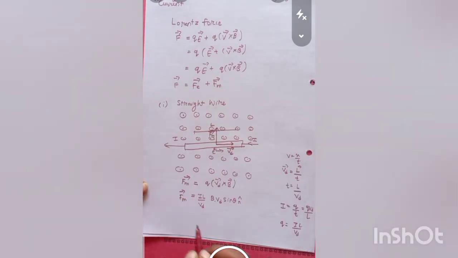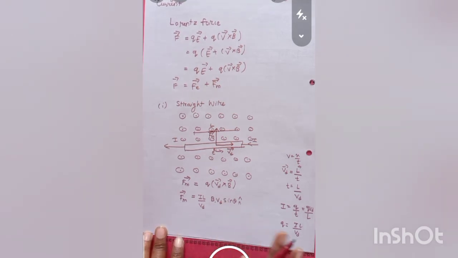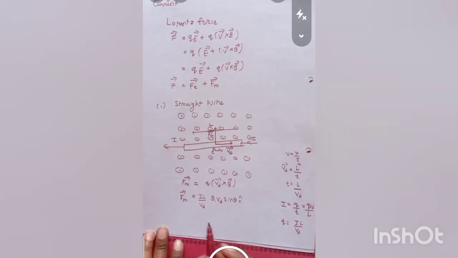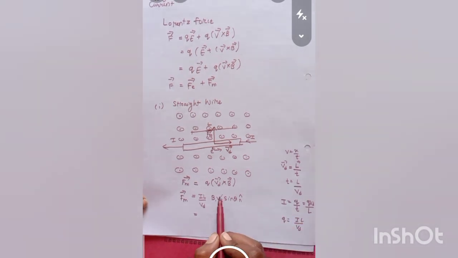vector Fm. So as we know that V and B are perpendicular to each other, therefore the theta between them is 90 degrees, and sine of 90 degrees is nothing but 1. Sine of 90 degrees is 1, and this Vd and Vd are going to be cancelled. So what we will get?